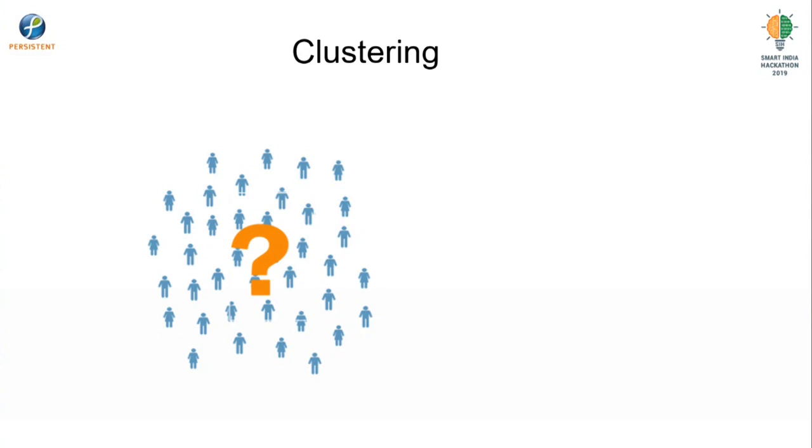For example, I will give a live example here. Supposing I am the owner of a startup company and I have 200 employees, and I wish to give, say, a Diwali gift or a Christmas gift or a New Year gift to all my employees, and I have a certain budget for this gift.